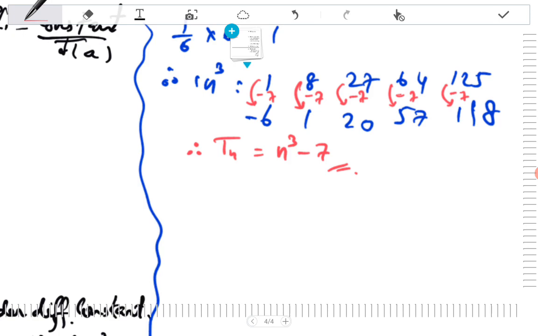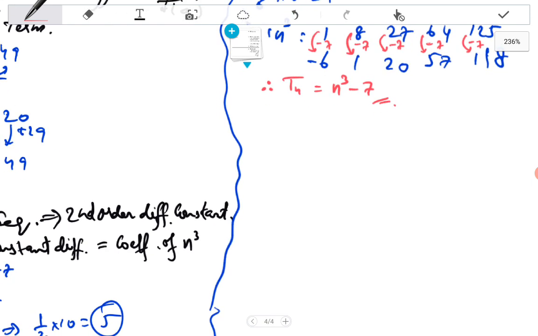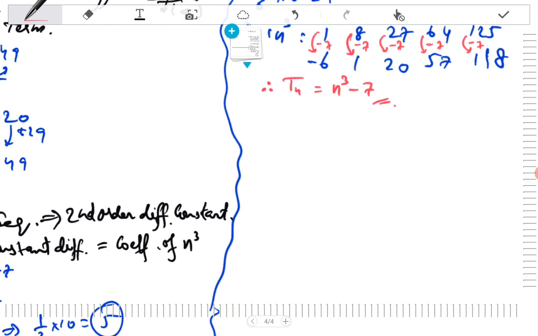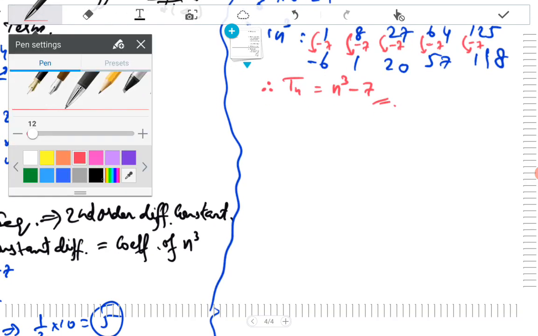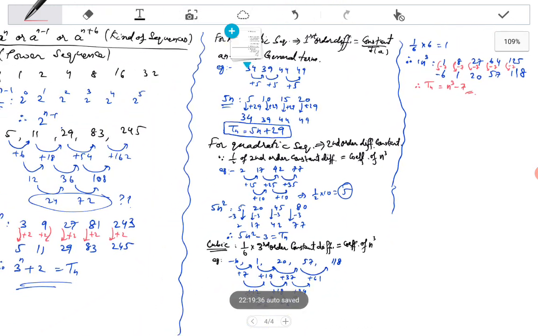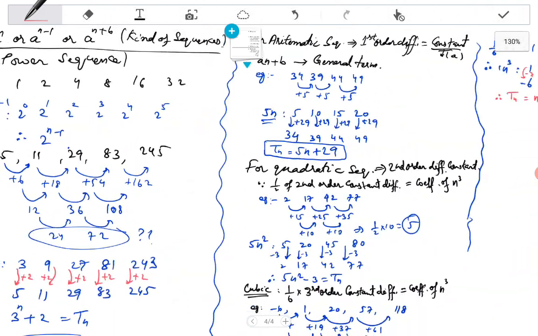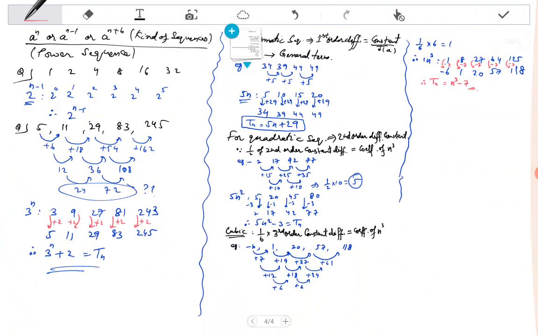Now come to the last one, that is a to the some power. I think that is already done. I should do some past examination questions with you so you can better understand how to deal with this. On this page I have discussed most of the methods but not all.